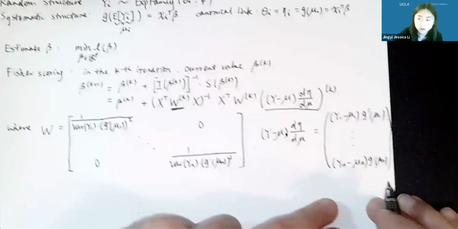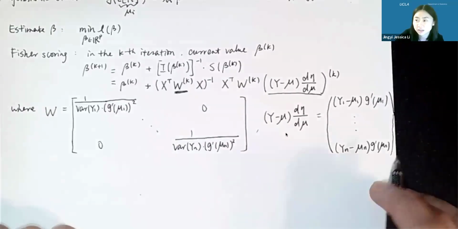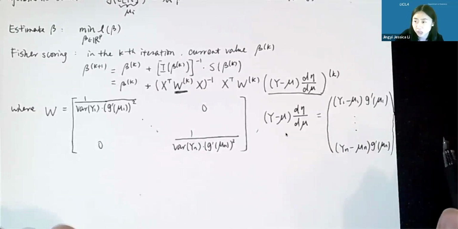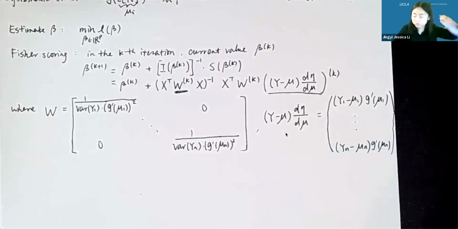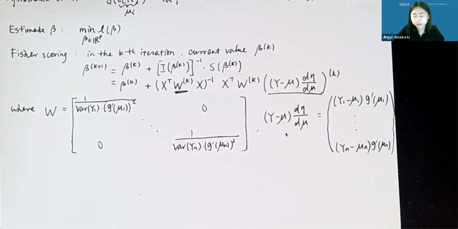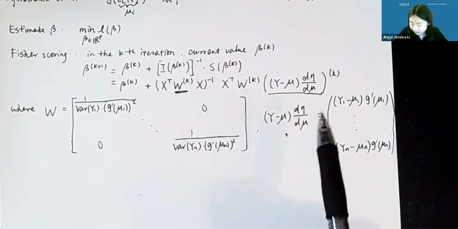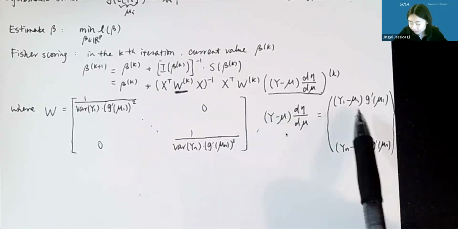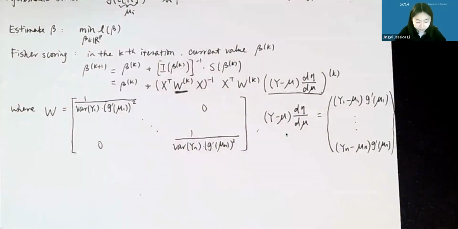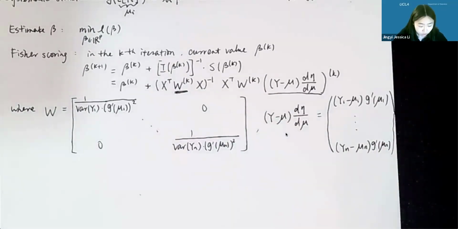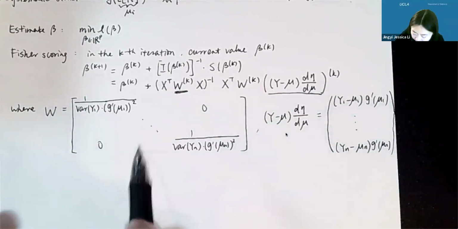If you are familiar with Taylor expansion, which we can use for the so-called delta method, in which we can derive the mean and the variance of a transformed random variable. So if we transform yi to g of yi, then what's the mean of g of yi? What's the variance of g of yi? We can find that it can be approximated in this way. So this is like the Taylor expansion or delta method form. And in fact, this is the intuition we get out of the update.